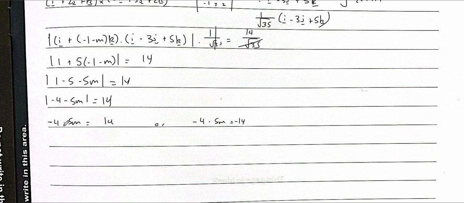So first one, we get that m is equal to negative 18 on 5. And second one, we get that m is equal to 2. So m equals 2, negative 18 on 5.